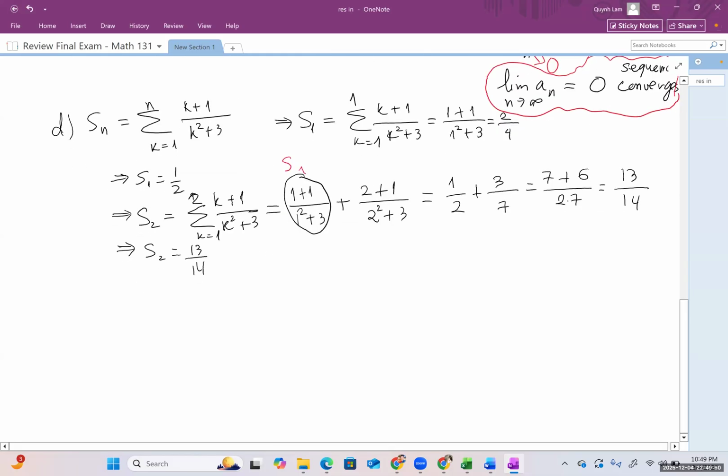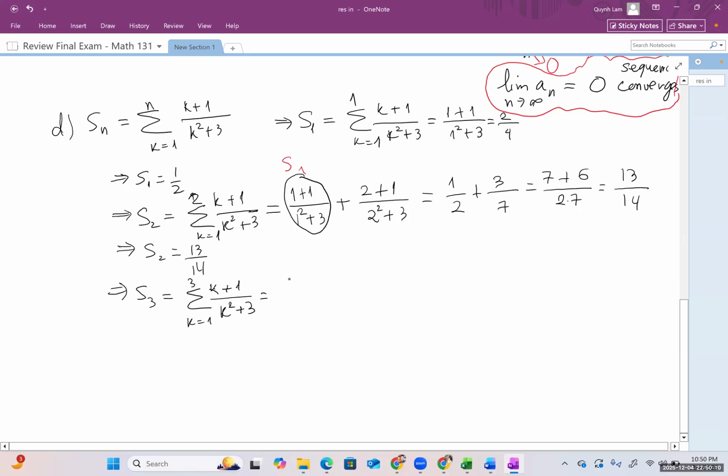And lastly, for S number 3, I do the same thing with k from 1, 2, 3, and then k plus 1 over k squared plus 3.